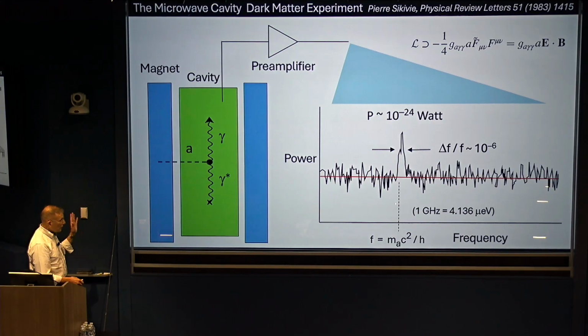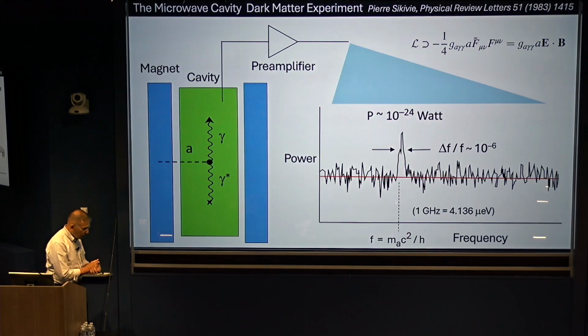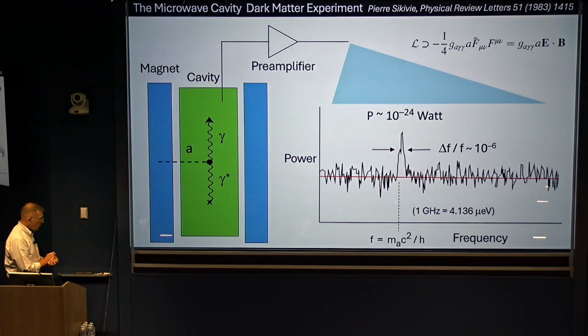And then, since one doesn't know the mass of the axion, one needs to tune this in very fine steps, a very small fraction of the Lorentzian bandwidth, each integration period being 10 minutes or an hour or so. So it's a very daunting task, given the many, many orders of magnitude we're in principle looking for.